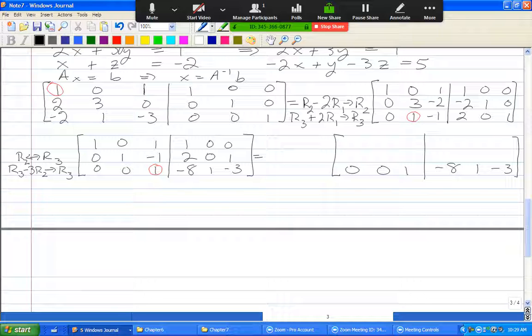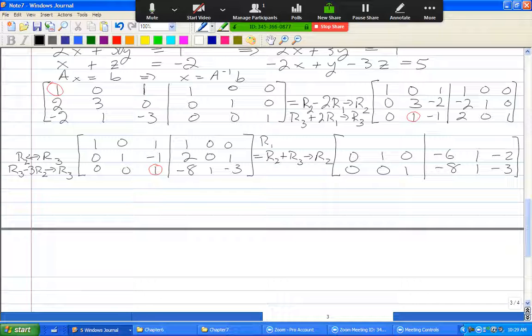Let me add row 2 plus row 3 to get a new row 2. 0 plus 0, 0 plus 1, 1 minus 1, 2 minus 8, 0 plus 1, 1 minus 3.